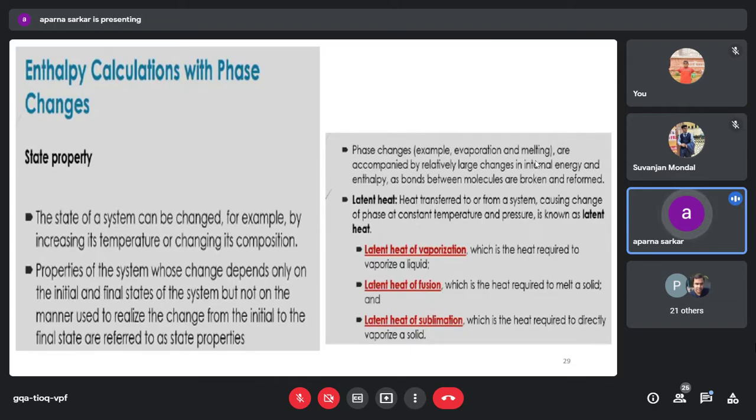What is vaporization? When the liquid part gets evaporated, that is evaporation. At that time heat is required to change the phase.